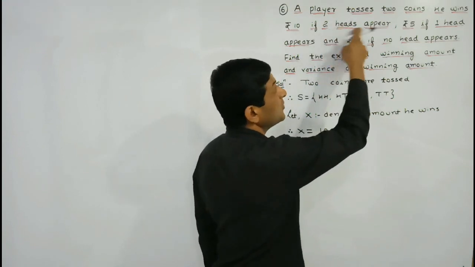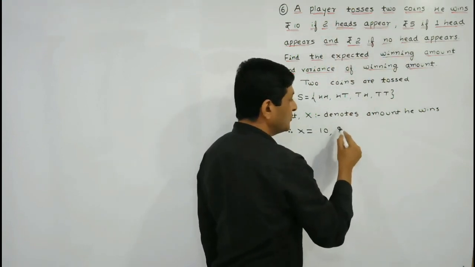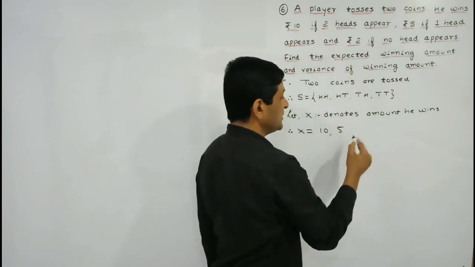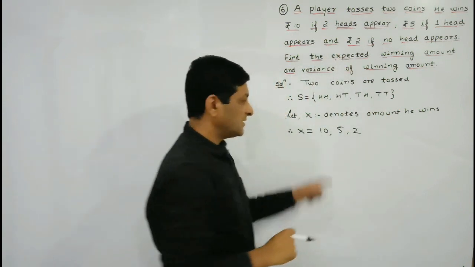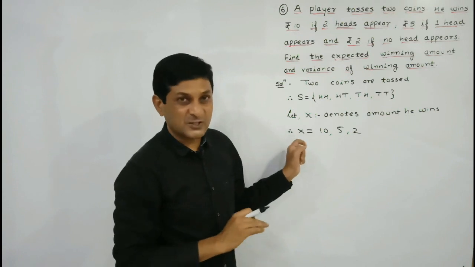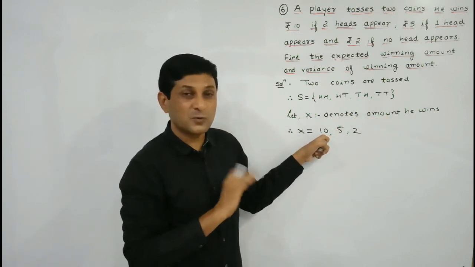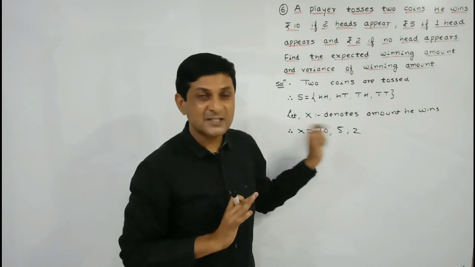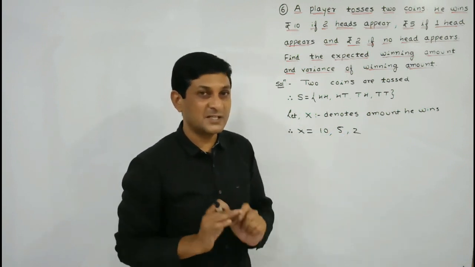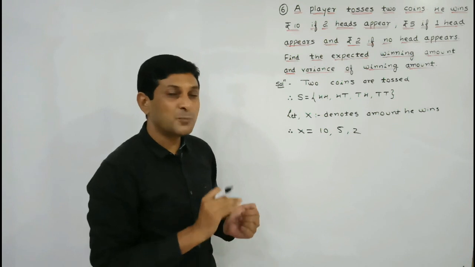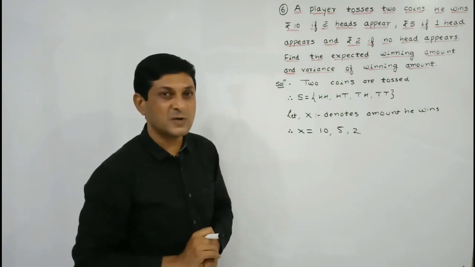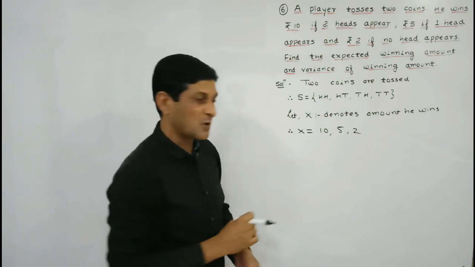Rupees 10 if 2 heads appear, rupees 5 if 1 head appears, and rupees 2 if no head appears. Once the possible values of x are known to us, find out their corresponding probabilities.